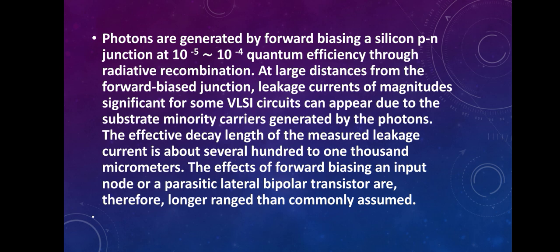Leakage current of magnitude significant for some LSI circuits can appear due to the substrate minority carriers generated by the photons. The effective decay length of the measured leakage current is about 700 to 1000 micrometers.